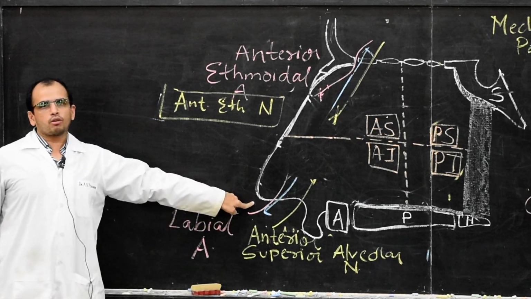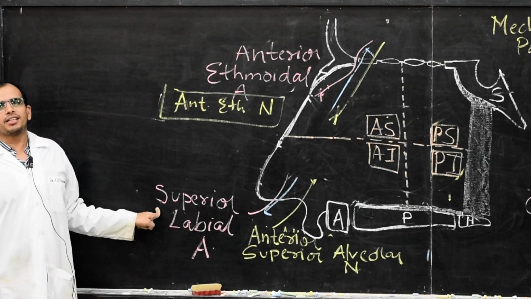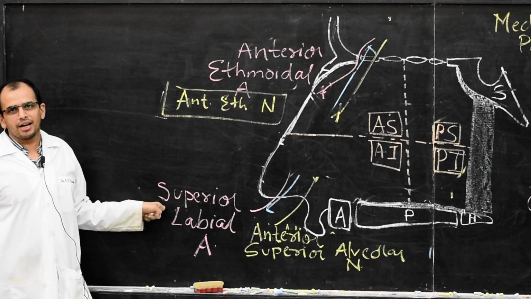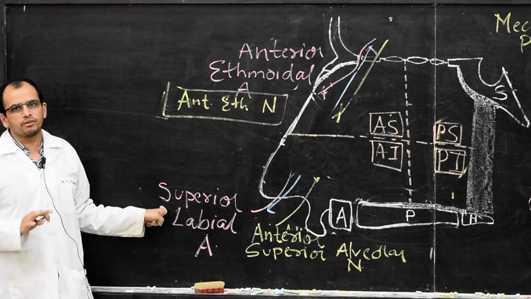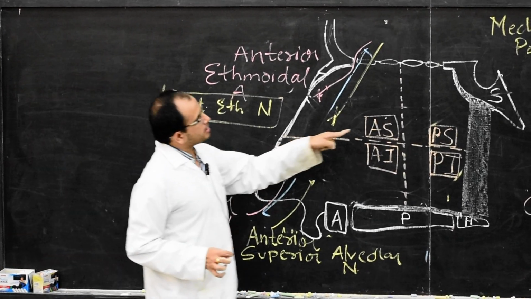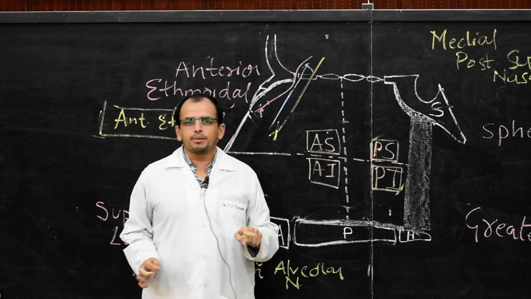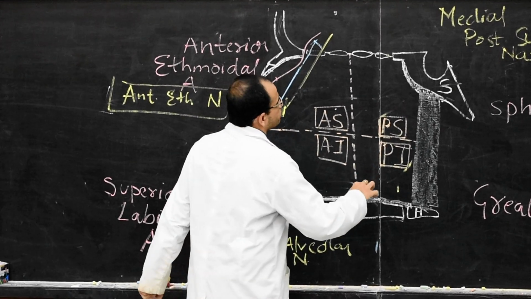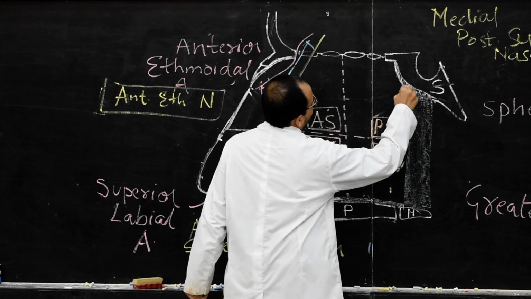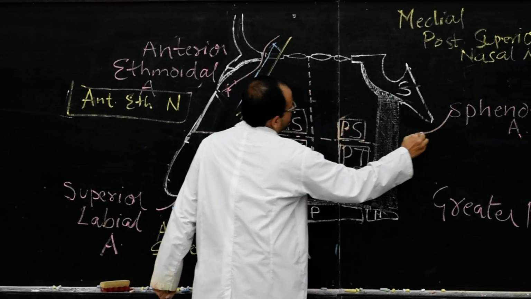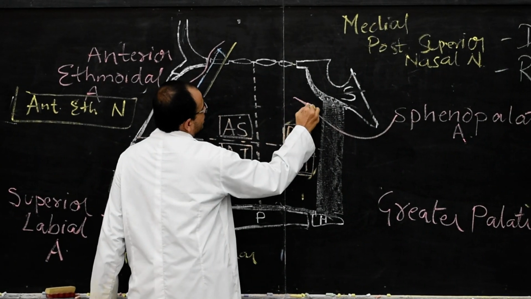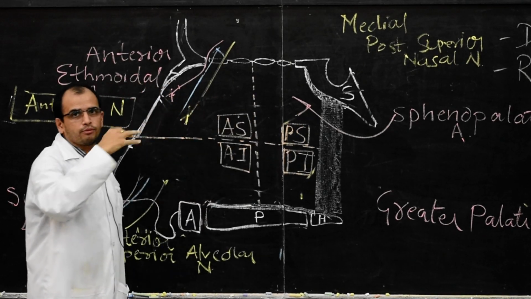The antero-inferior quadrant is supplied again by branches from the superior labial artery, which is again a branch from the facial artery. A slight change in the posterior-superior and the posterior-inferior. The posterior-superior quadrant is also supplied by branches from the sphenopalatine artery, but the branches will not be coming from the sphenopalatine foramen.